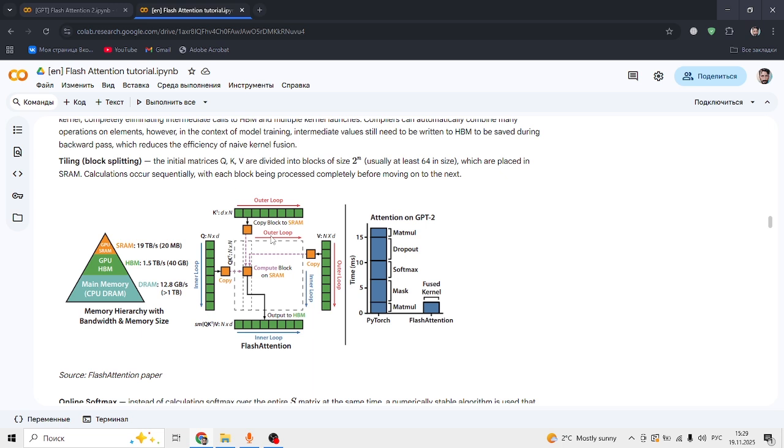So this size depends on the SRAM size. The higher SRAM size you have, the larger blocks you can use. So how does it work? We split data into blocks. These blocks we compute in fast memory, and then we upload results into slow memory, HBM.